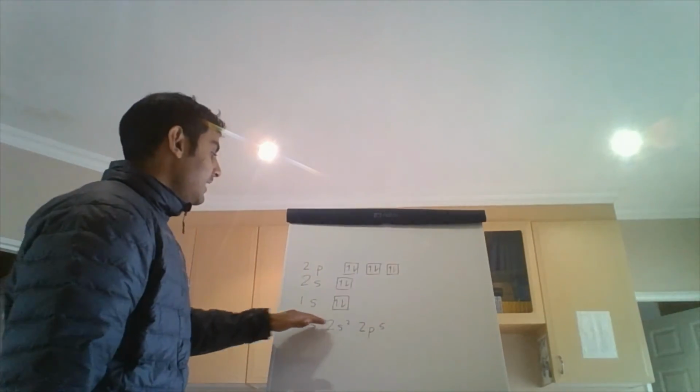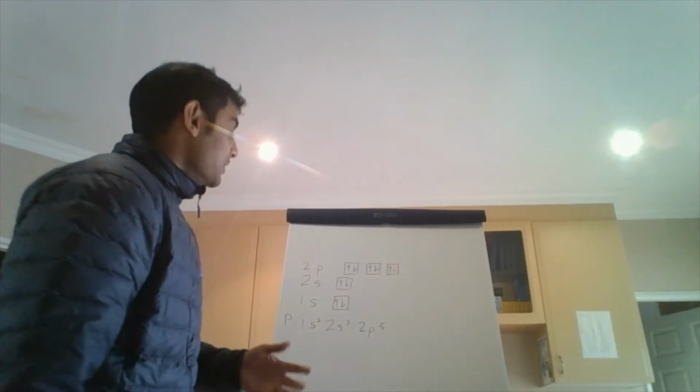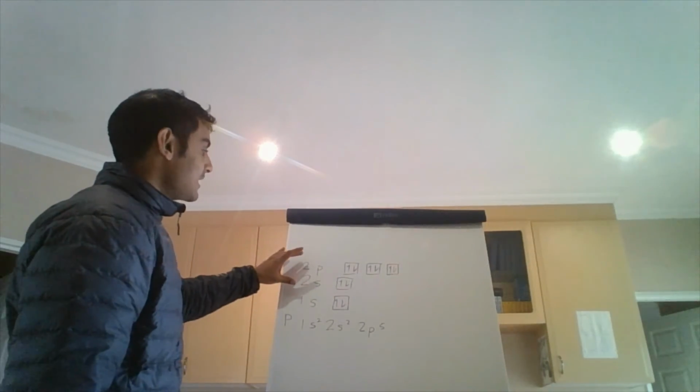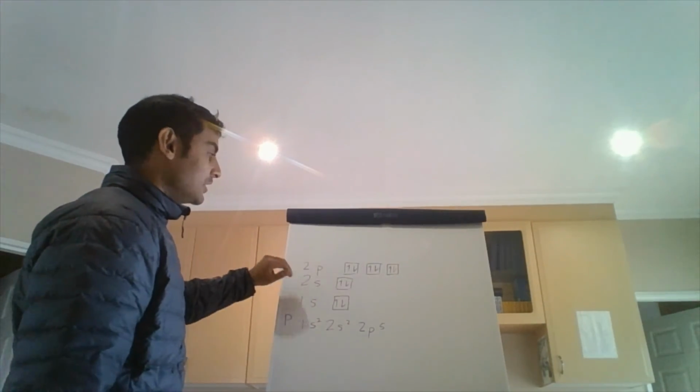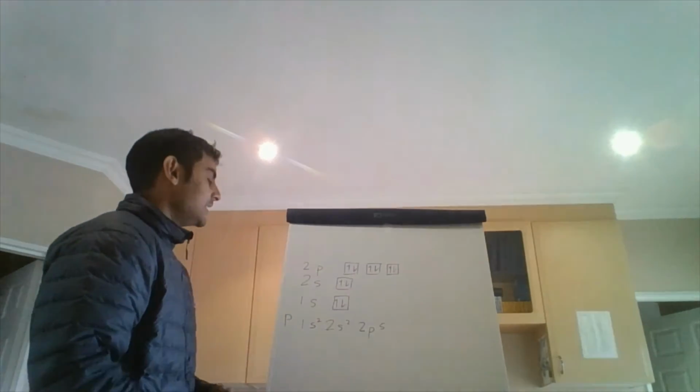Element P has the electron configuration 1s2, 2s2, 2p to the 5. I've rewritten it here and I've drawn the Aufbau diagram which corresponds to it. So we can see that we've got the first energy level full and the second energy level has 7 electrons, one short of reaching the stable state.